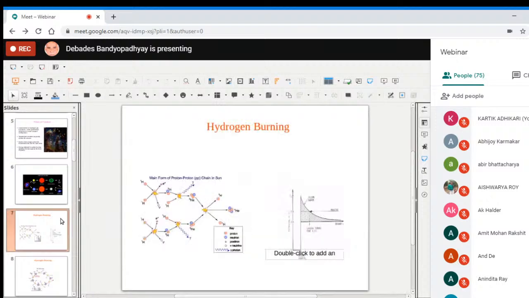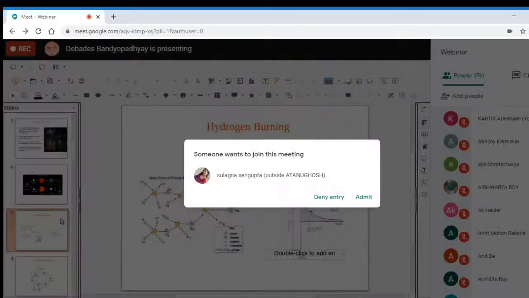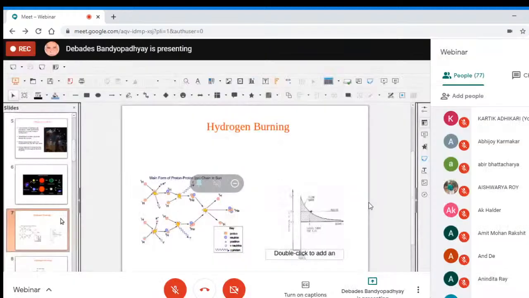Now, just a little bit about this fusion process. The first process is hydrogen burning, because the main ingredient of all stars is hydrogen gas. If you want to produce a helium nucleus, then 4 hydrogen nuclei should fuse.